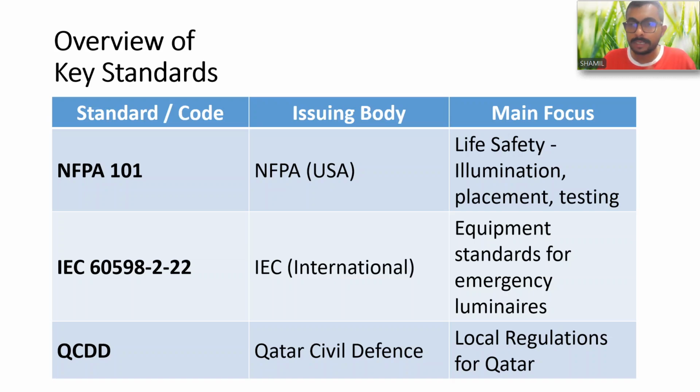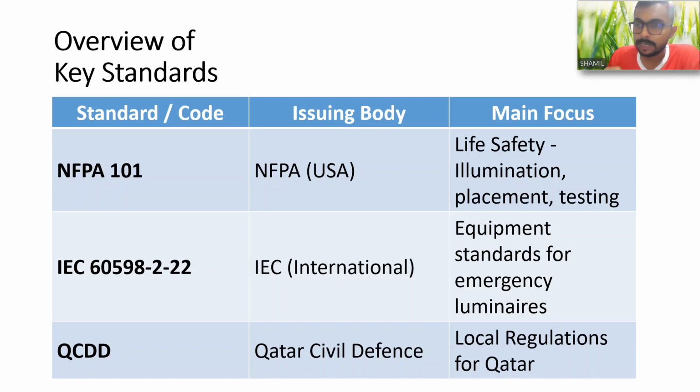This association is based in the United States of America. The main focus of NFPA 101 is on life safety aspects, which covers the illumination, the placement of the emergency or exit lights, and the testing of the emergency and exit lights. So this is what NFPA 101 mainly focuses on.